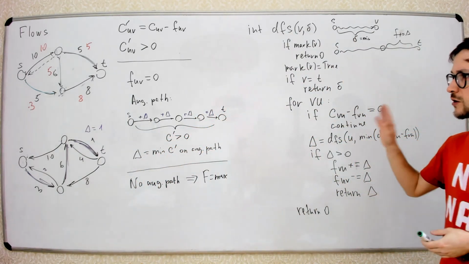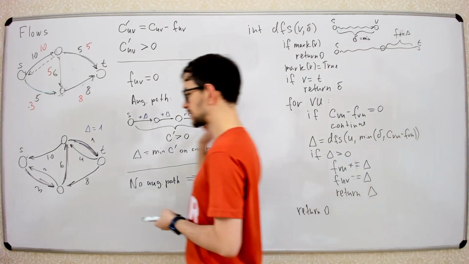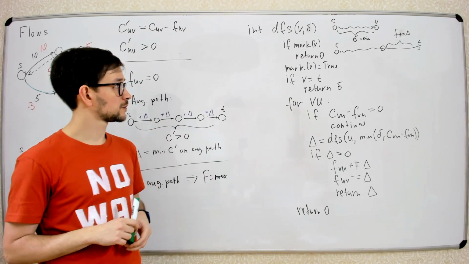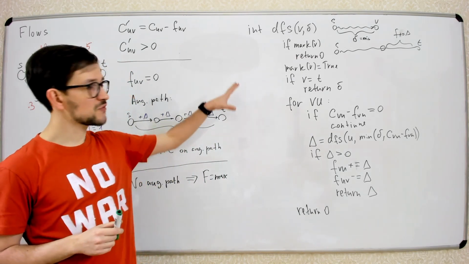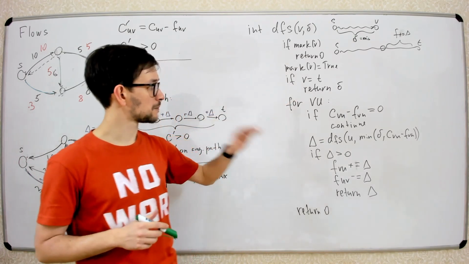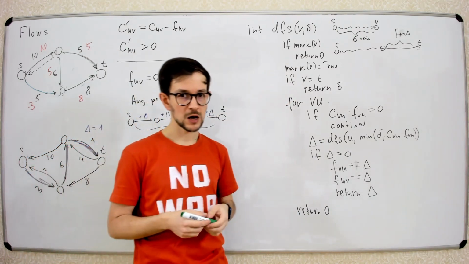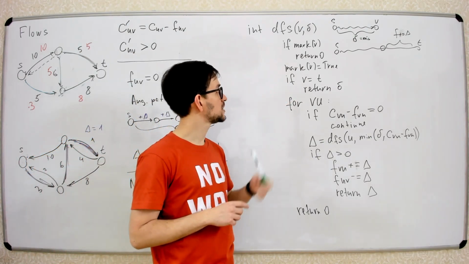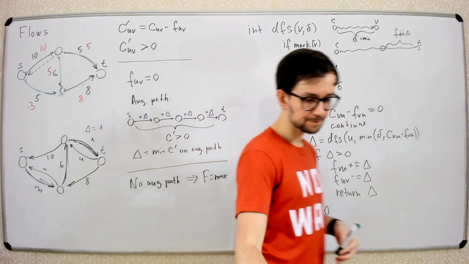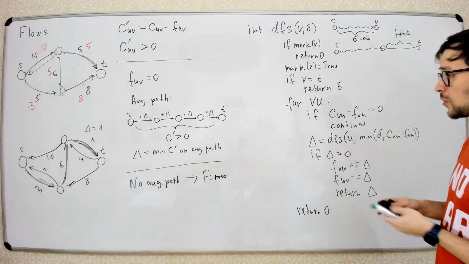Okay, now let's stop here for a second and talk about time complexity. What is the time complexity of this algorithm? The time complexity of DFS is obviously linear, right? So the time complexity of this DFS is m. Yeah, it's the size of the graph. How many times can we call this DFS until the flow is maximal possible?